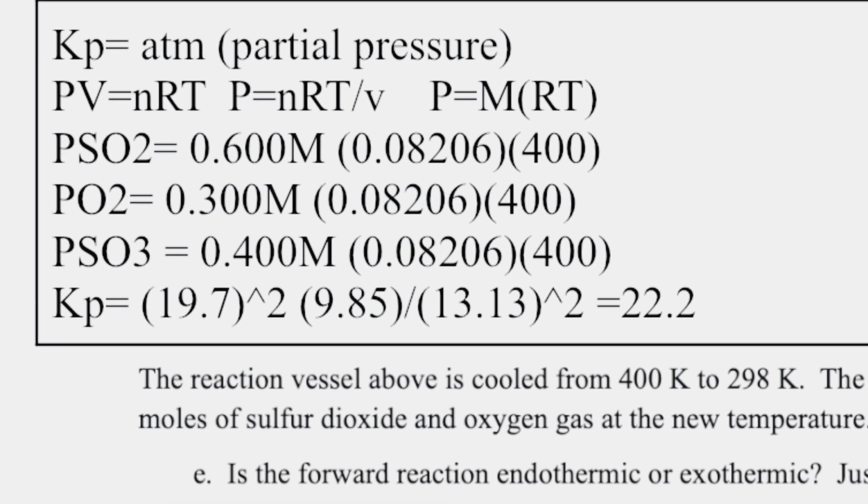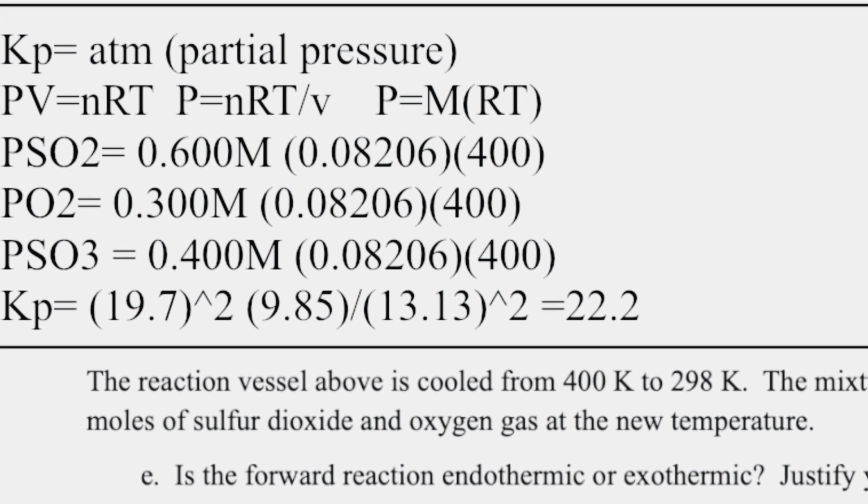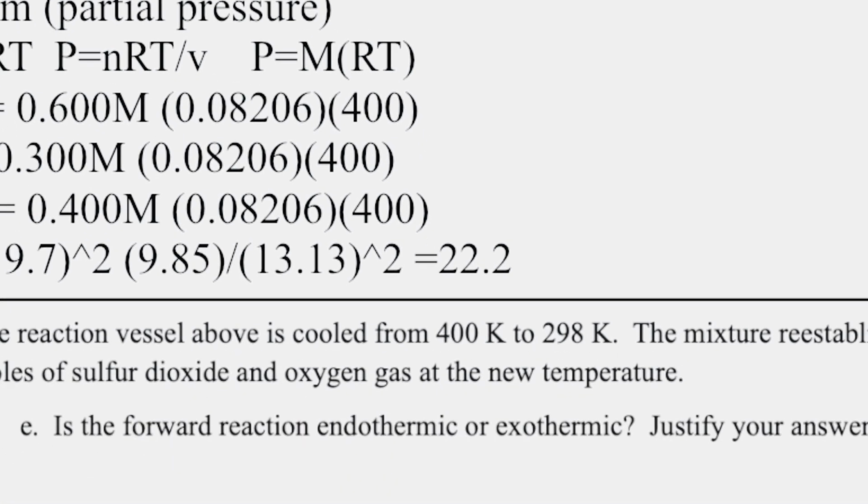And then finally Kp is equal to 19.7 squared times 9.85 over 13.13 squared, which will give us 22.2.